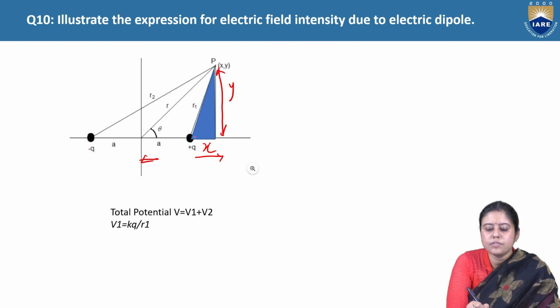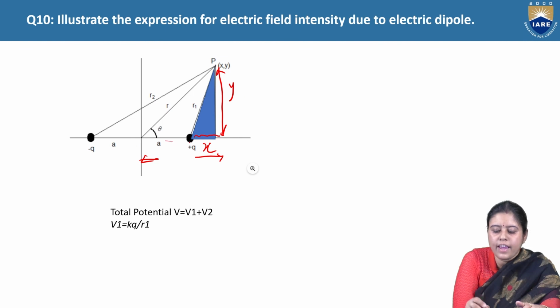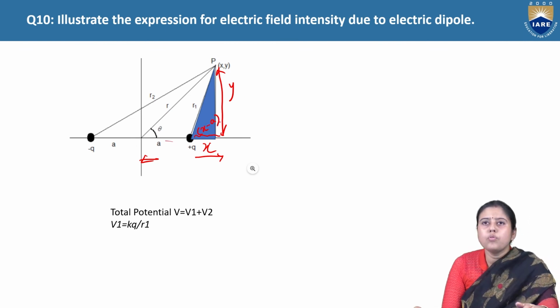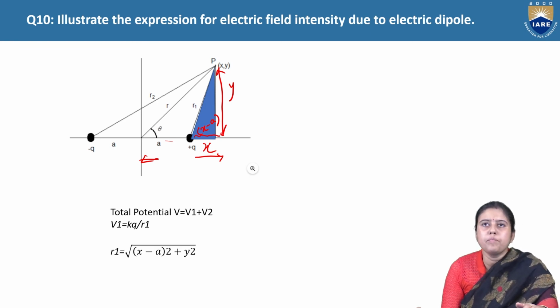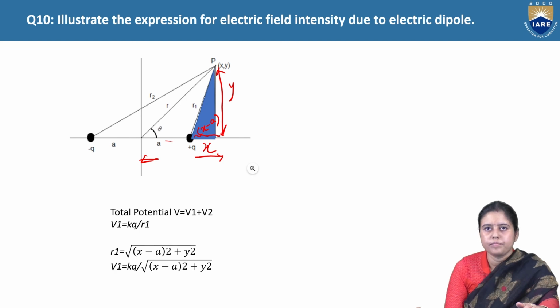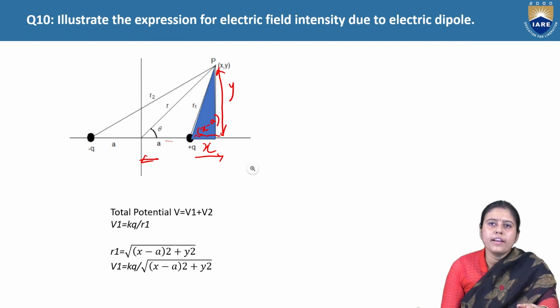If the total is x, this distance is a, so this is basically x minus a. So we can write R1 is equal to the square root of (x minus a) square plus y square. So V1 is KQ by the root of (x minus a) square plus y square.